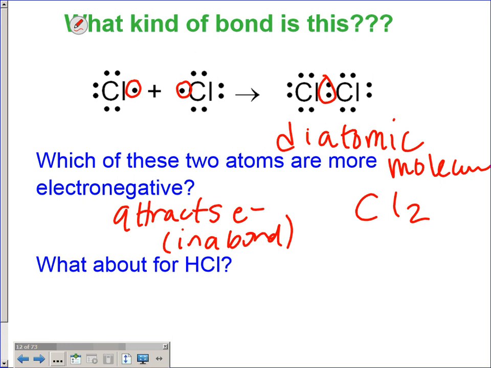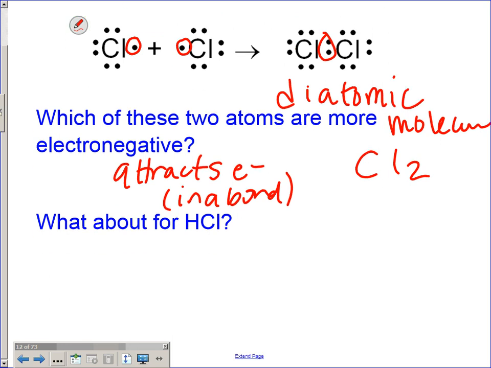Let's do the same thing for HCl. What would I draw for H? Write this one down with me. H and what? 1 dot, 1 electron. It's in group 1. Okay, chlorine again. 7. Those are 7 dots. And then I'll give you a chance to draw that as a covalent bond.